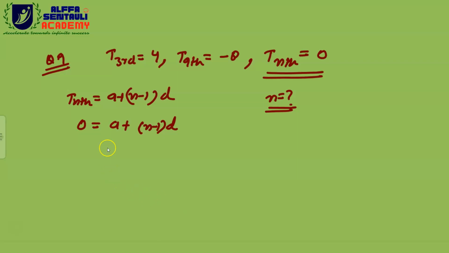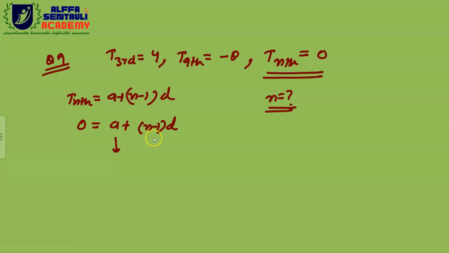You can also guess in this way, beta, forget all these ways, use your general way, right? Let's suppose the value of a is something, right? If the value of a is exactly equal to n-1 into d, but of opposite sign, the magnitude will be the same but the sign will be opposite, then if you add these terms you will get the complete nth term as 0, correct or not?